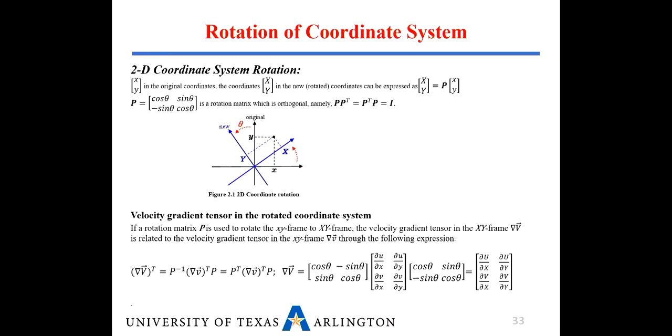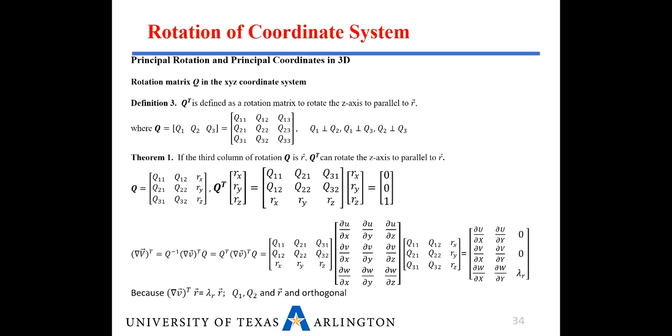So we need to use this to finish the rotation. Why do we need a rotation? The reason is we want to rotate the original small z. This is x, y, z, the 2D. Well, in 3D, we want to rotate z to our eigenvector. That's our purpose.